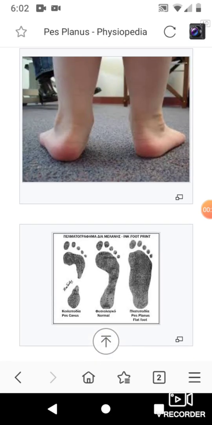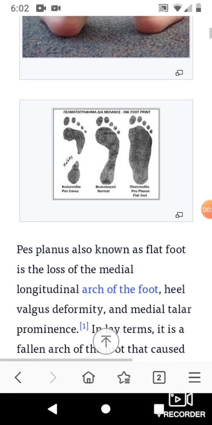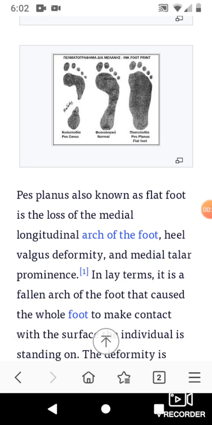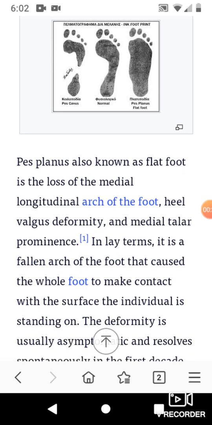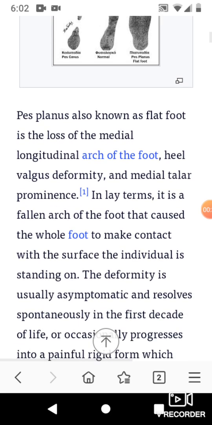So by medial we mean towards your body. In lay terms we can say it is the fallen arch of the foot that causes the whole foot to make contact with the surface it is standing on.